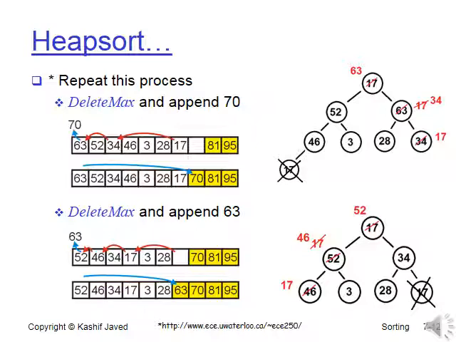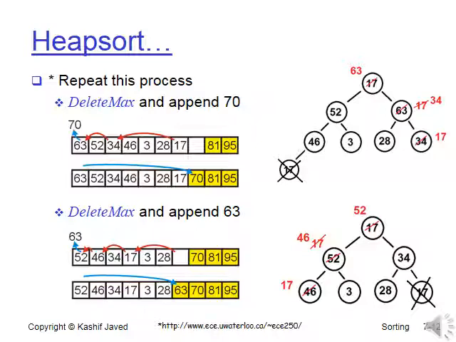We will again repeat the process and delete max and append 63. Number 63 at the root node will be replaced by the last leaf node, which happens to be number 17. We delete leaf node 17 and put number 17 into the root node.